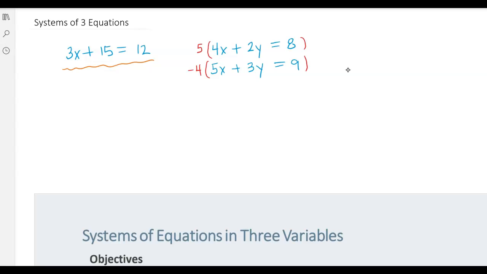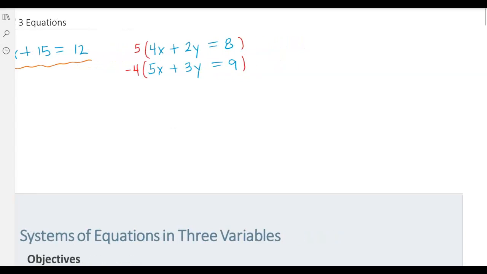I'm choosing those numbers so that the x coefficient ends up with a positive 20 and a negative 20, so that they will eliminate one another. So this equation changes into 20x plus 10y equals 40. And the second equation changes into negative 20x minus 12y equals a negative 36.